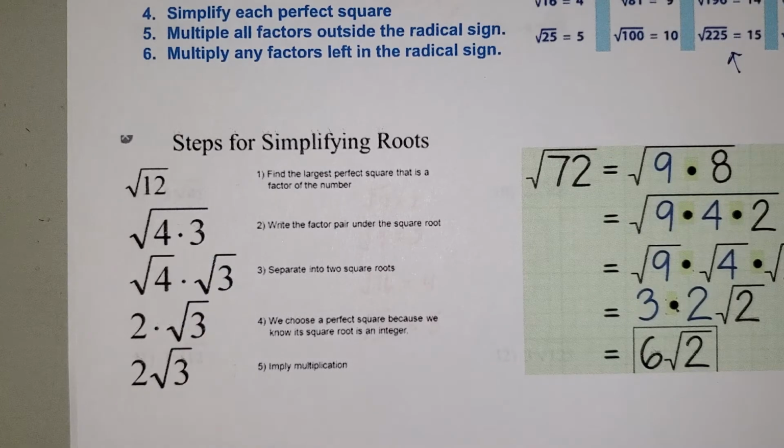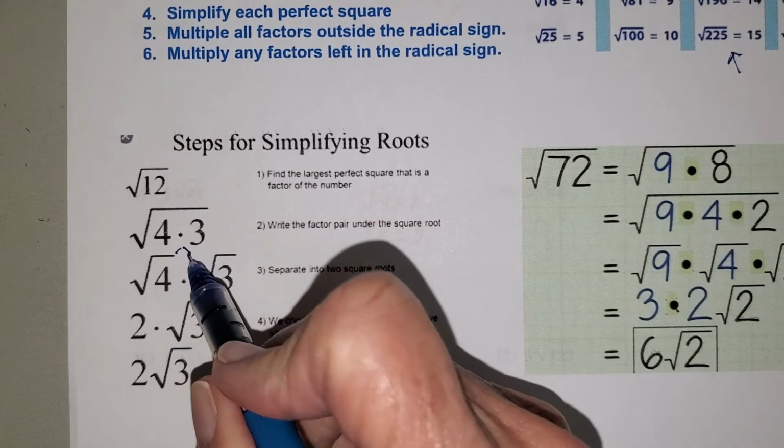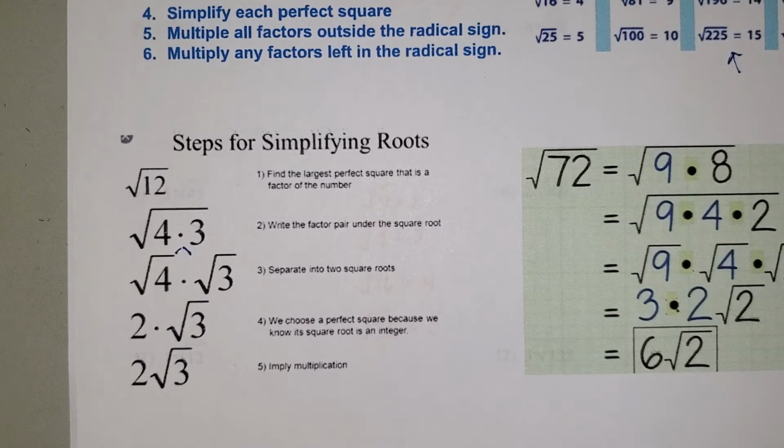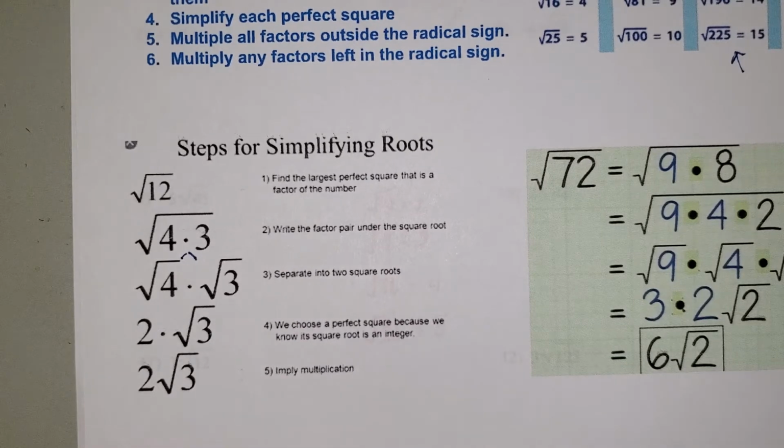Then we break this into, because this is multiplication, we can just separate these into two things. The square root of 4 times the square root of 3. The square root of 4 is 2. The square root of 3 we can't do. And 2 times the square root of 3 is just written 2 radical 3, or 2 times the square root of 3.